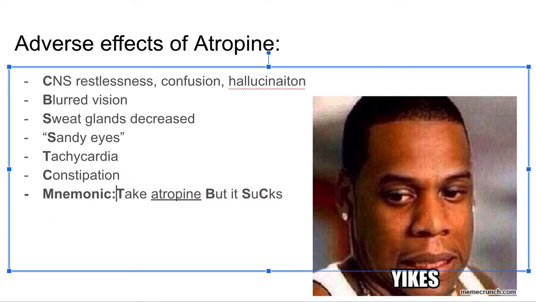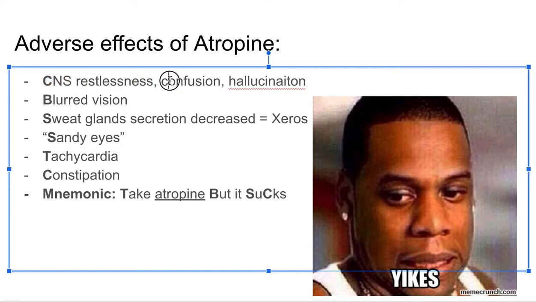Mnemonic. So take will give you tachycardia right over here. The B over here will be giving you blurred vision, and the S over here will be giving you sandy eyes, and also sweat glands secretion would be decreased. Hence, you could possibly get xerostomia. The C over here can be CNS restlessness.